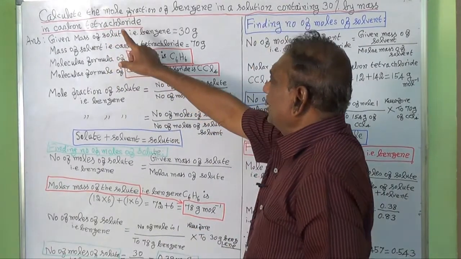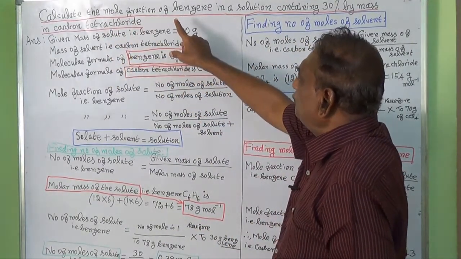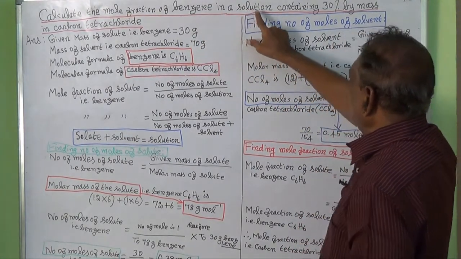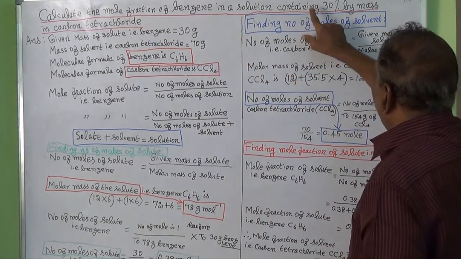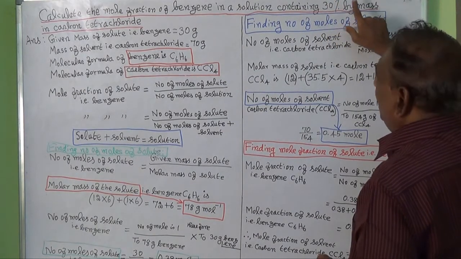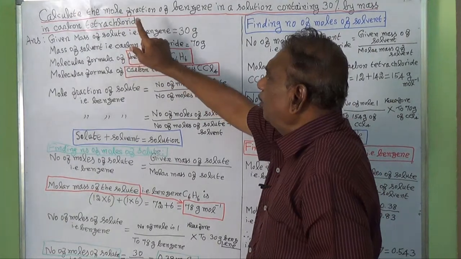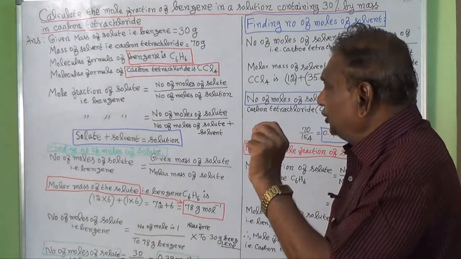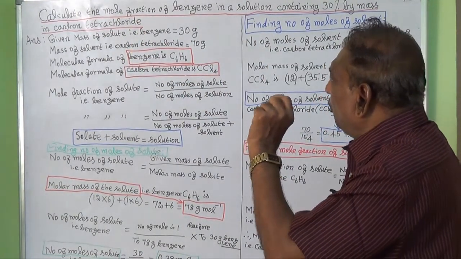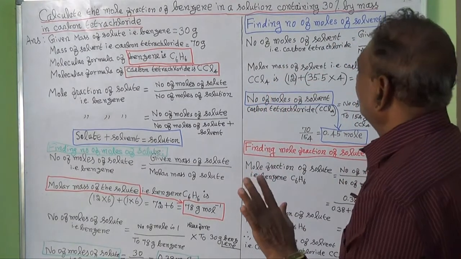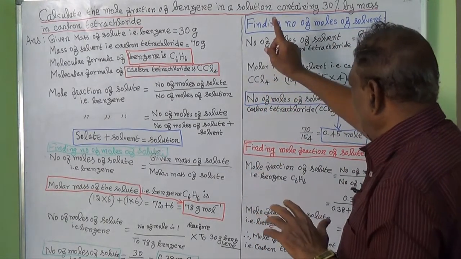Calculate the mole fraction of benzene in a solution containing 30% by mass in carbon tetrachloride. It is asked to find the mole fraction of solute benzene. There is a solution.